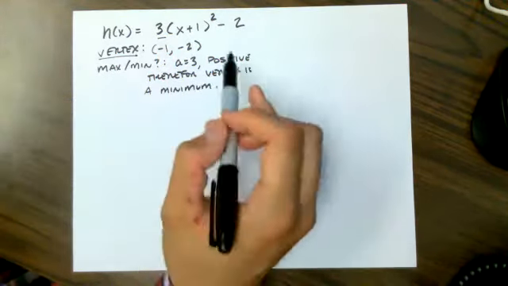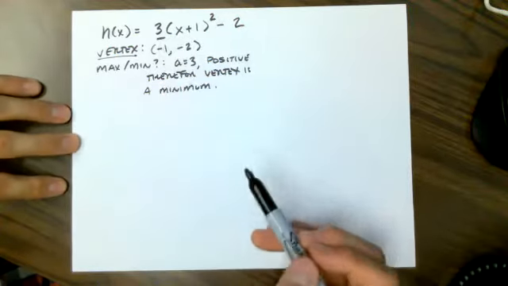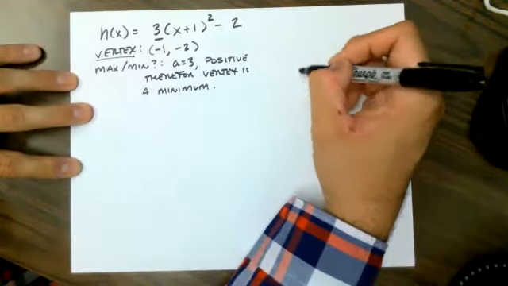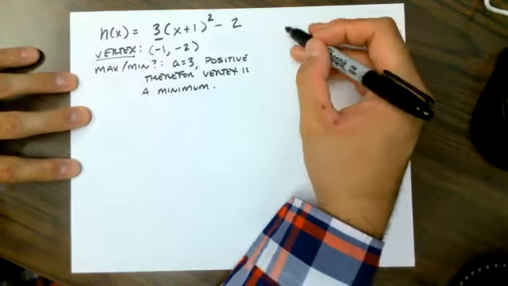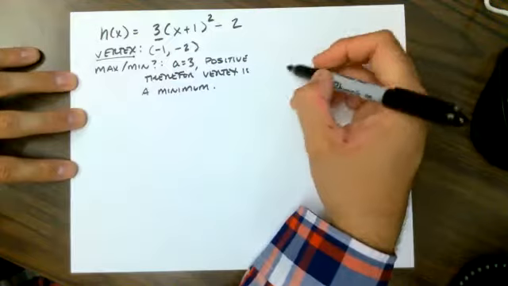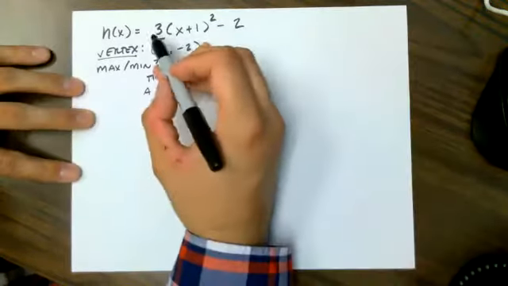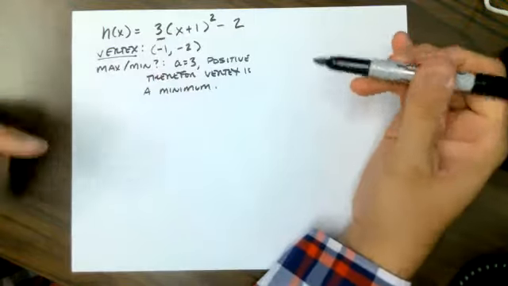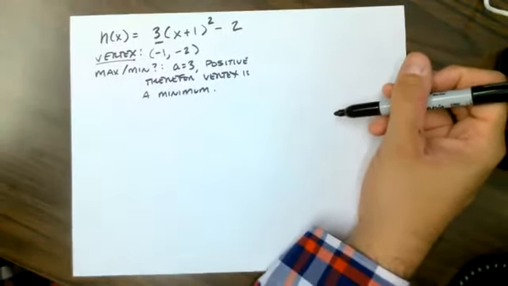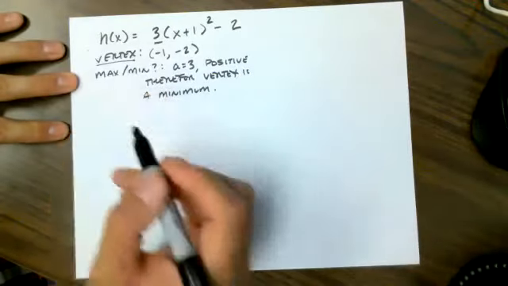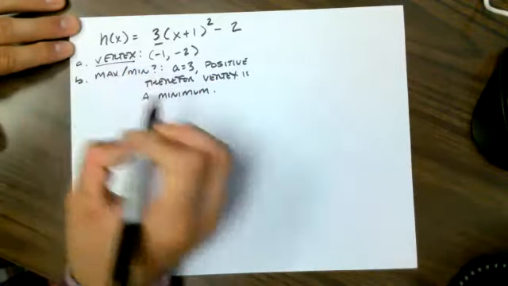The vertex is a minimum because a is positive. It's a positive 3. That just means that when we look at this, it's going to have the smiling shape of a quadratic, not the frowning shape. Remember, the frowning shape came from reflecting around the x-axis, and we had to have a negative out here to reflect around the x-axis. That was back in that transformation section, 2.5. So we got the vertex, we got max and min, kind of ABC this thing.